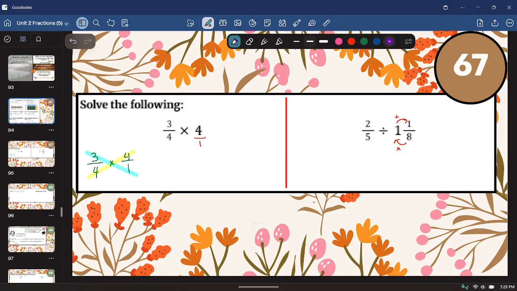What about 4 over 4? The yellow one, 4 over 4. I can divide both of those by 4, and I would get 1 over 1, which would be 1, but we're going to leave it as 1 over 1. So what you do for the yellow one, you divide both numbers by 4, and they're both going to become 1, and they will go away. Now we just replace those 4's with 1.